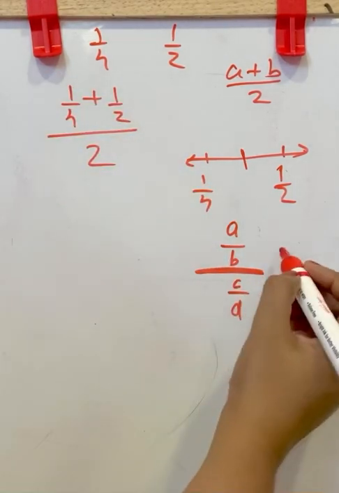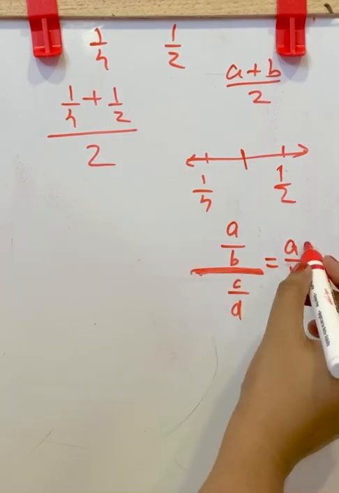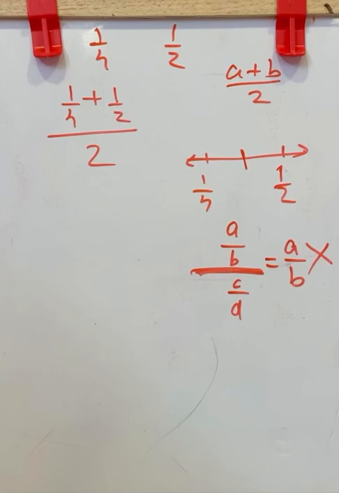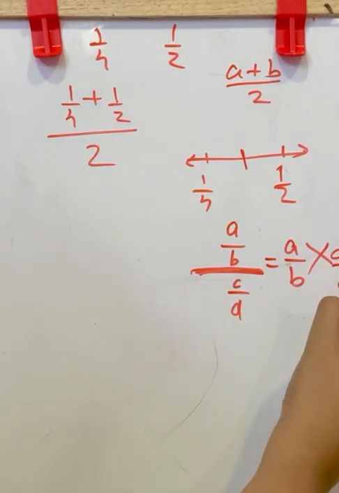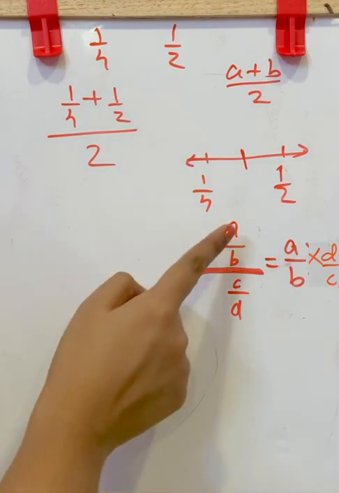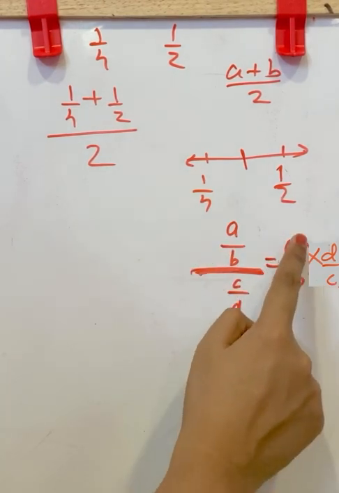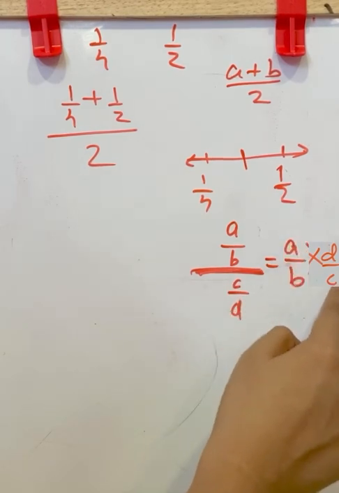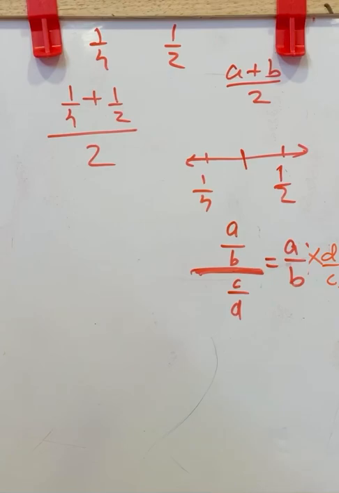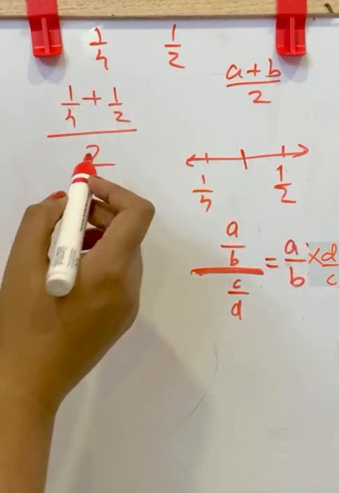The result will be A by B, with this division made into multiplication and the reciprocal of C by D, that becomes D by C. A by B divided by C by D becomes A by B into D by C, while we are changing it into multiplication. Now keep this in mind, we are coming to the problem.